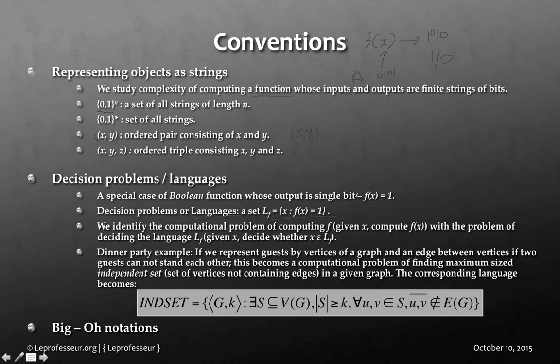A Boolean function is a function f(x) which takes a string of 1s and 0s, x, and produces a single bit, either 1 or 0, just one bit. So a decision problem is a set of all those functions.